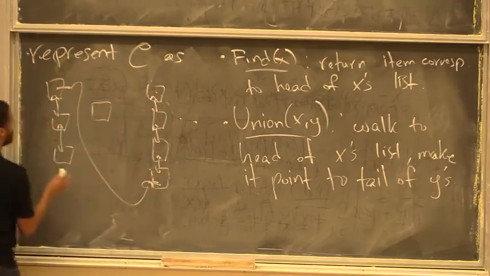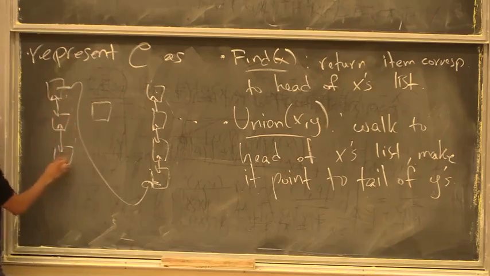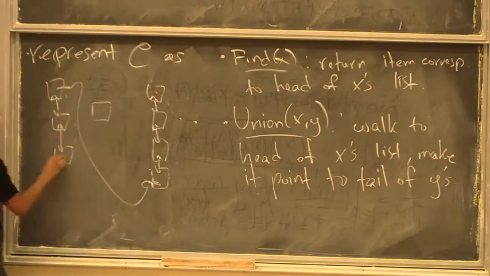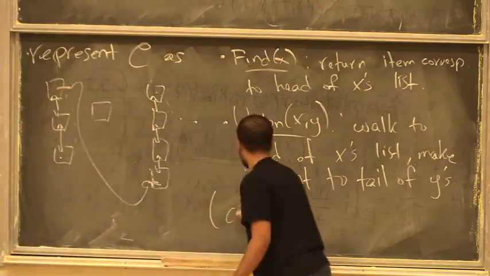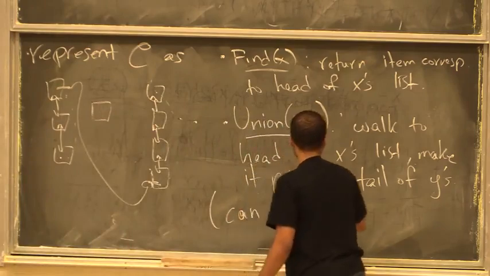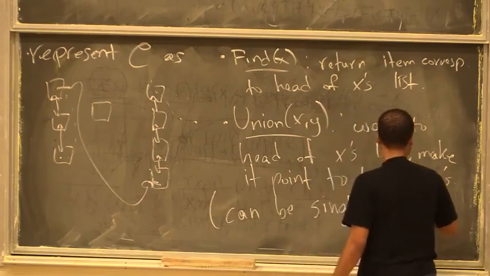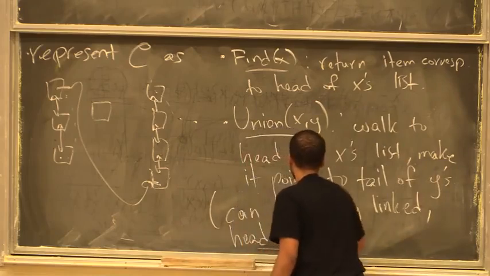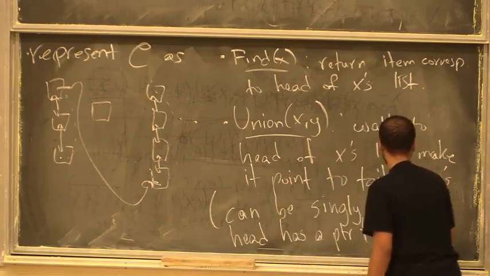So now I have the tail. Also X goes to the head. And this head knows who his tail is. Now that I did the union, I can update his tail to be this, because I know it from him. Okay? So let's say it can even be singly linked, where the head has a pointer to its list's tail.